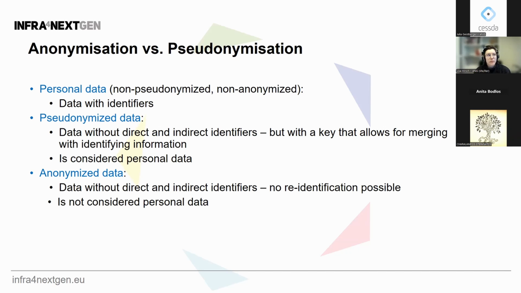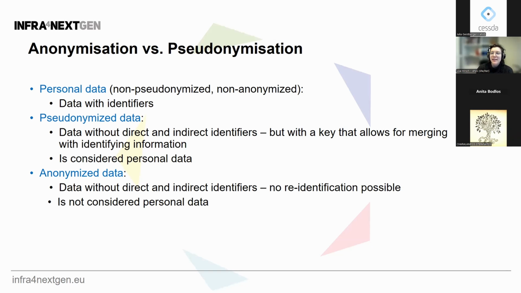When you go a bit deeper into the anonymization theory, you will also come across the terminology anonymization versus pseudonymization. And that is a kind of gradual distinction. So, just as a reminder, personal data that is non-pseudonymized or non-anonymized is data containing identifiers. And pseudonymized data is data that does not contain any direct and indirect identifiers, but there is a key that allows to reverse that process.